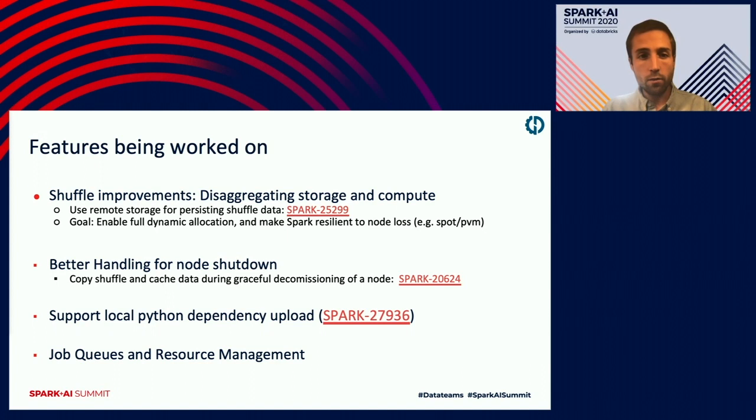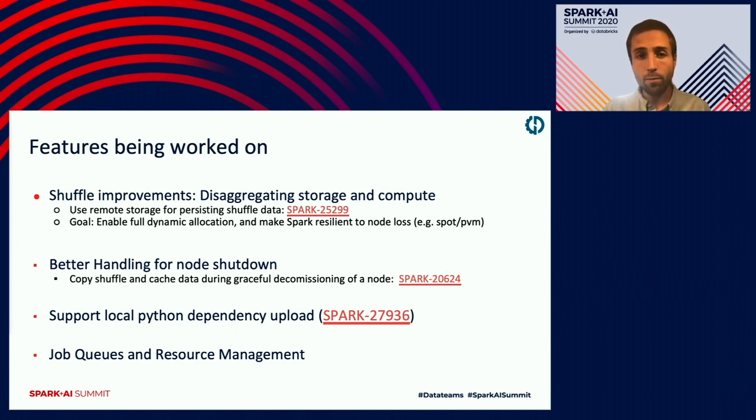Now, another resiliency improvement in the works is around better handling for node shutdowns. So now cloud providers give you a notice a few minutes before a spot or preemptible node is going away. Today, when we receive this notice, we stop scheduling tasks on the impacted executors, which is already great, and this is implemented.